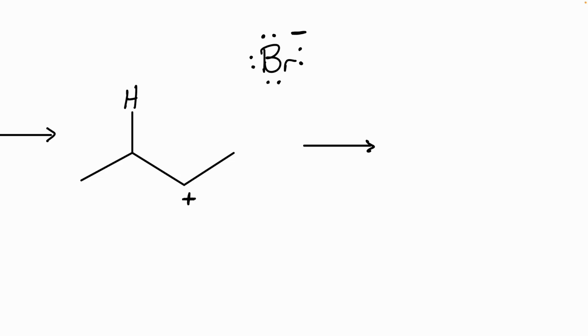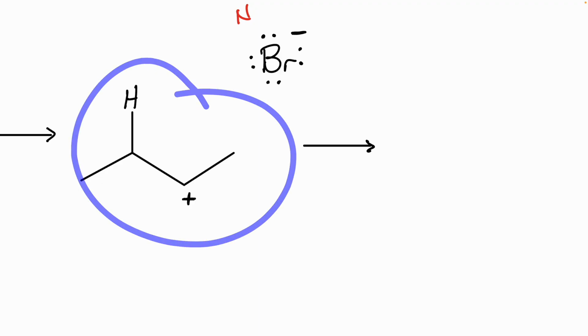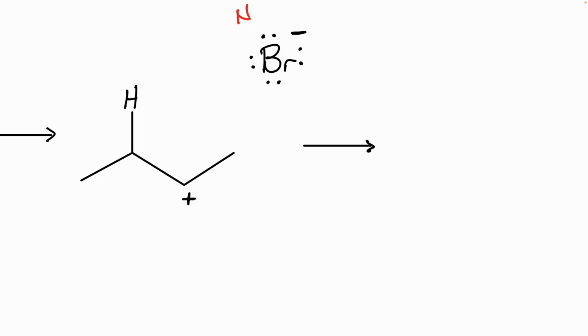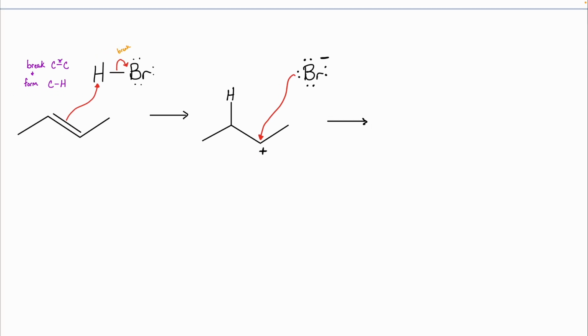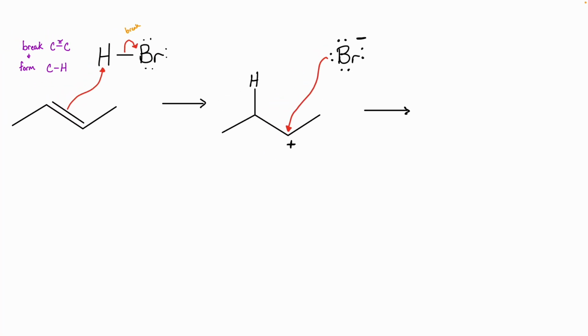That bromide ion. What gives it away? All that negative charge. And what's my electrophile going to be? Obviously the other thing. But specifically, what's my electrophilic site? That carbocation. And so what do nucleophiles do to electrophiles? Let's finish this off by attacking.